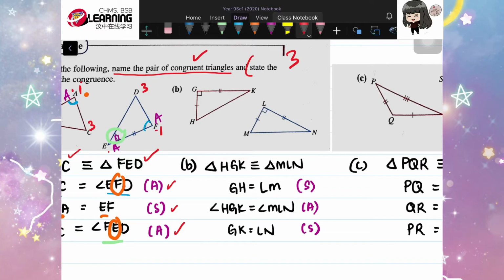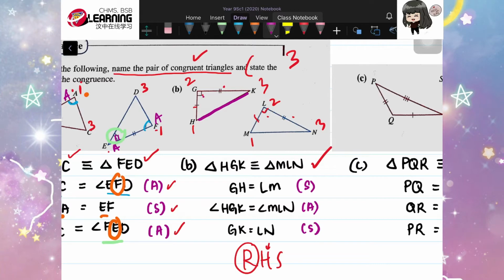HGK is congruent to triangle MLN. So the reason is side angle side, because the side is given here, angle given, side given. It's not RHS. Why is it not RHS? R stands for right angle. Yes, it's a right angle, but you are not given the hypotenuse.